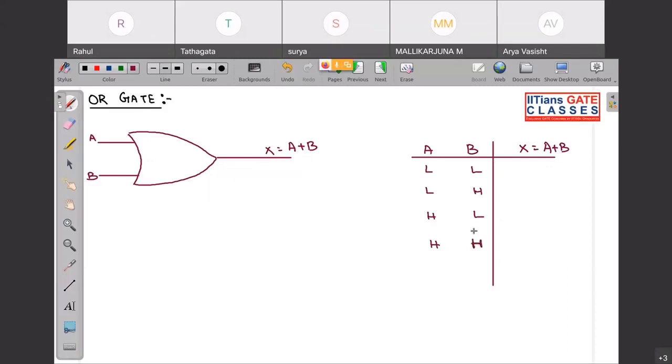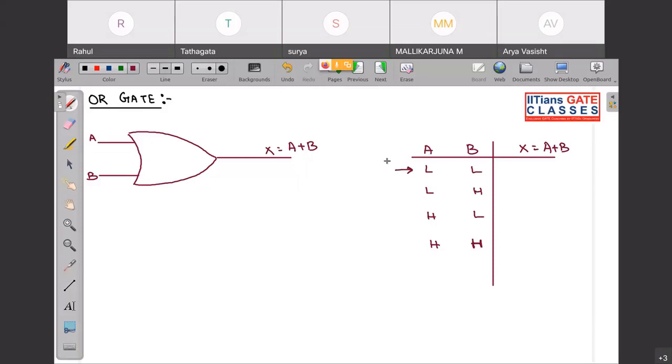So the OR gate is a gate whose output will be low when all the inputs are low.